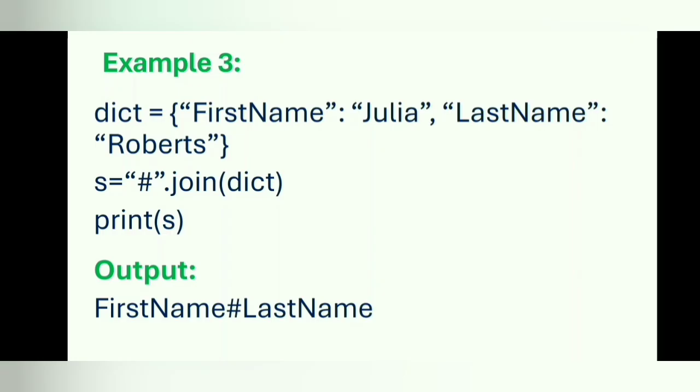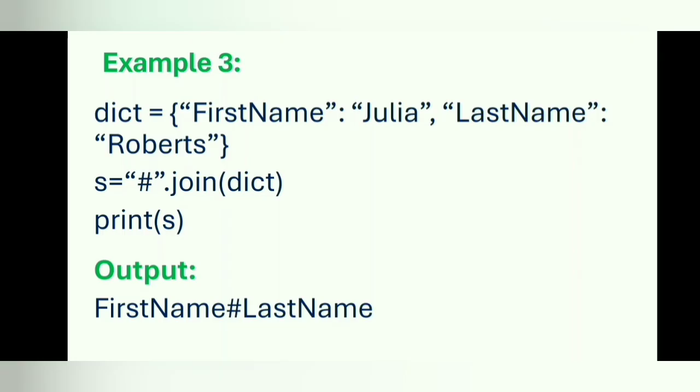In this example, we assign a dictionary to the variable dict. In the following statement, we apply the string join method where the iterable is a dictionary and the hash character is the string separator. The string join method returns a new string where all keys in the dictionary are joined into one string by using the hash character as a separator. The return value will be stored in the variable s. Then print(s) will print the new string.